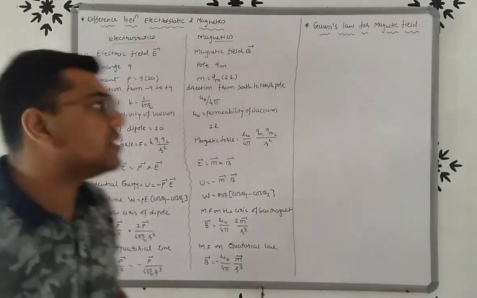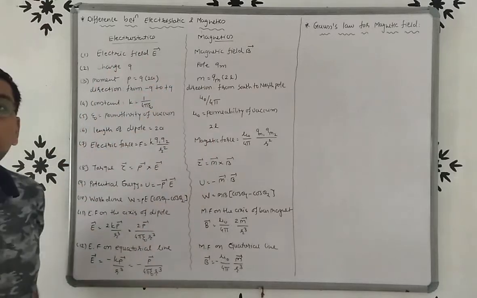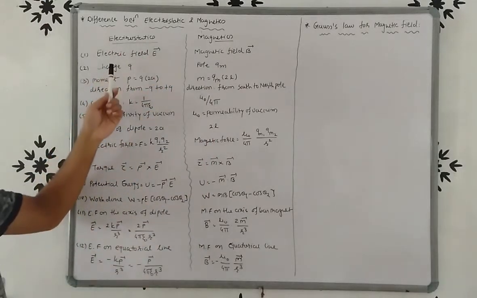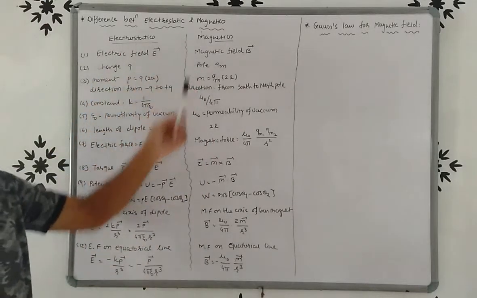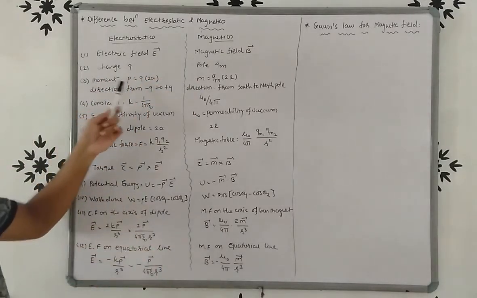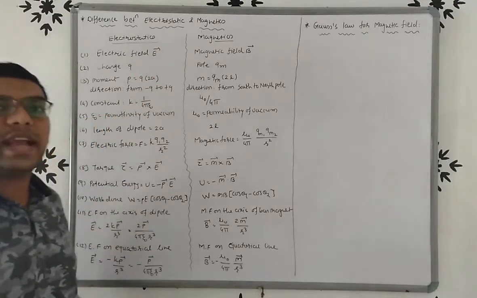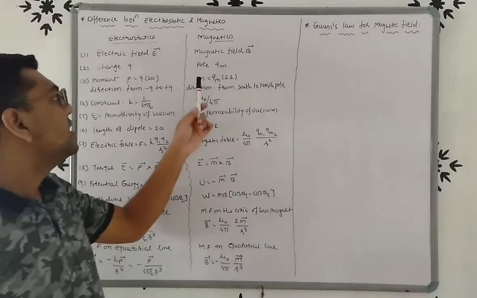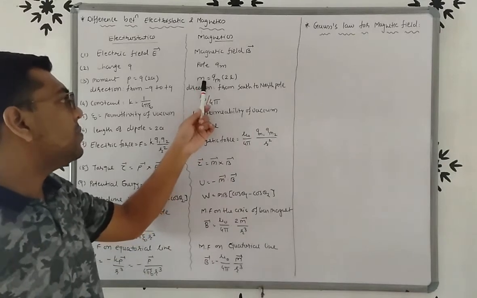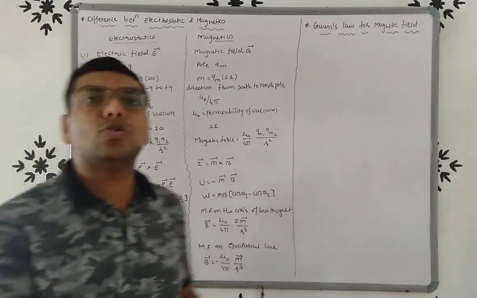Once again friends, in electrostatics, electric field; in magnetics, magnetic field. In electrostatics there is a charge; in magnetics there is pole. In electrostatics, electric dipole moment P equals Q into 2a, direction from negative charge to positive charge. For magnetics, magnetic dipole moment Qm into 2l, and the direction is from south pole to north pole.